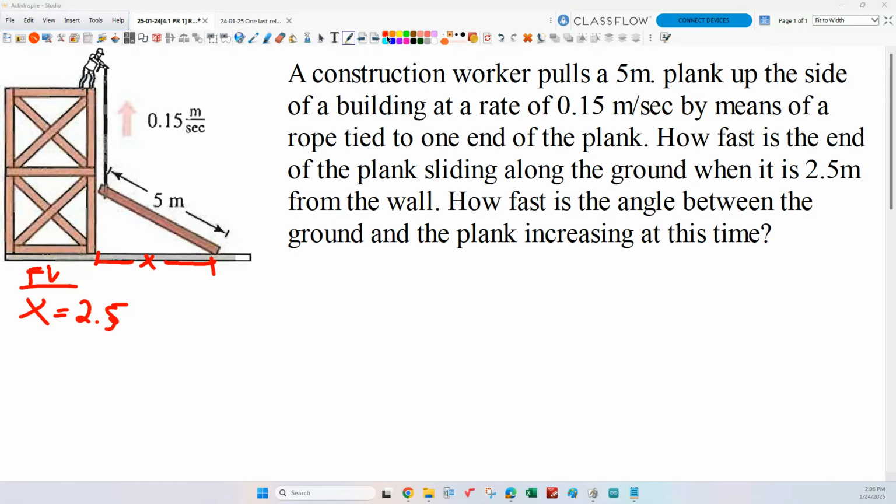What do you think? Don't we have a right triangle? We do, yeah. We have a right triangle, you're right.